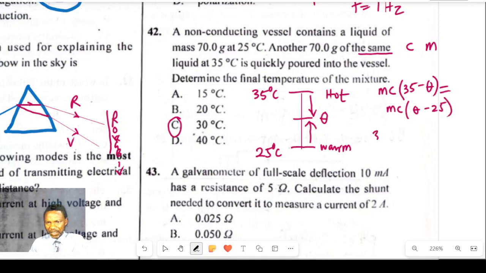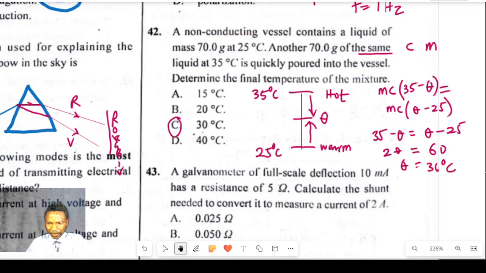You have 35 minus theta equals theta minus 25. That gives 2 theta equals 60. So theta is equal to 30 degrees Celsius. It's as simple as that.